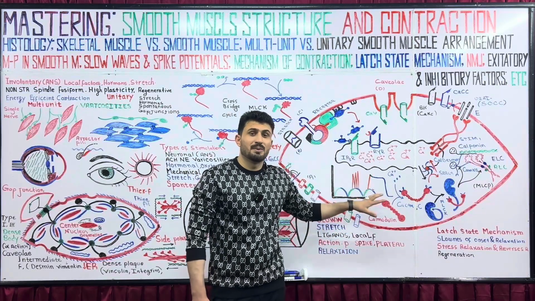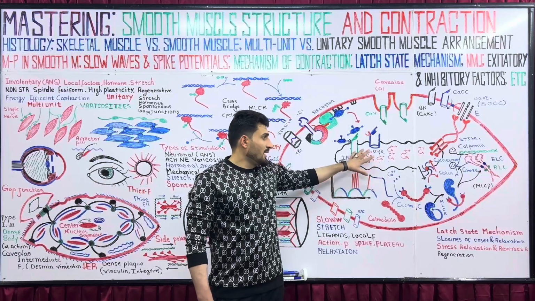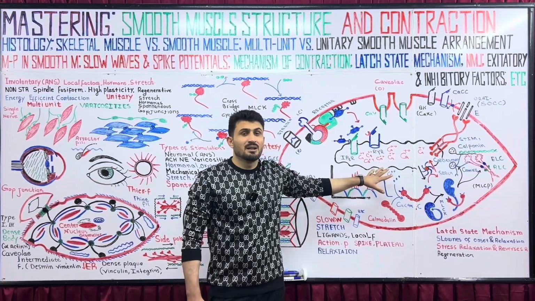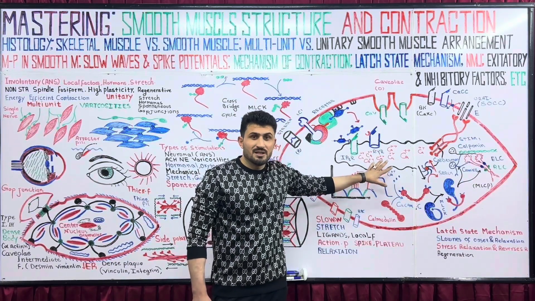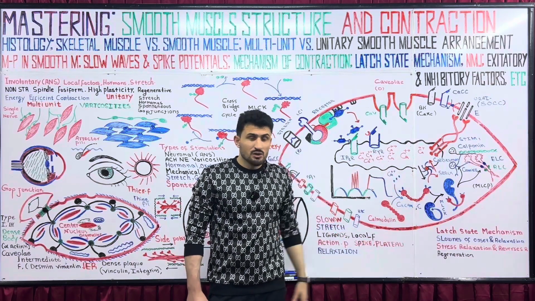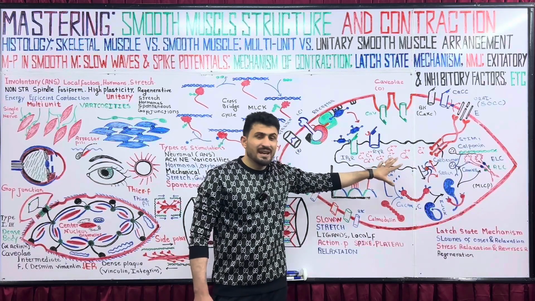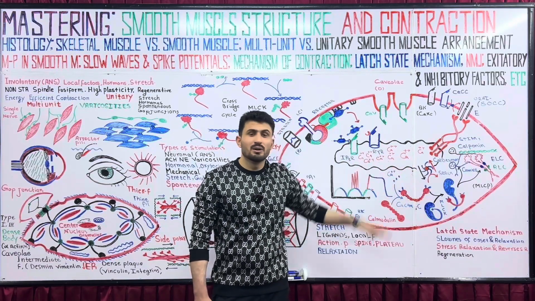It's stimulated by neurotransmitters, by local factors like histamine and nitric oxide, and so on. It's stimulated by hormones, by ligands, and so on. So that's why it has a somewhat complex mechanism of stimulation or contraction.